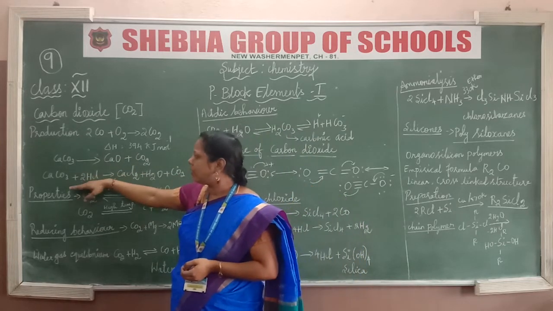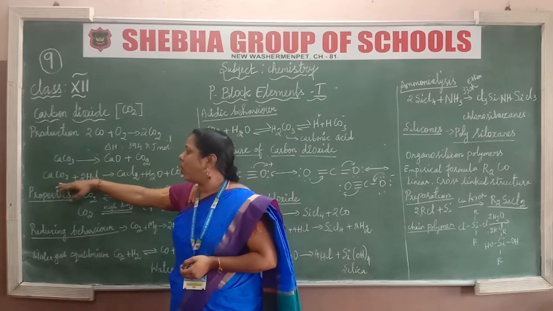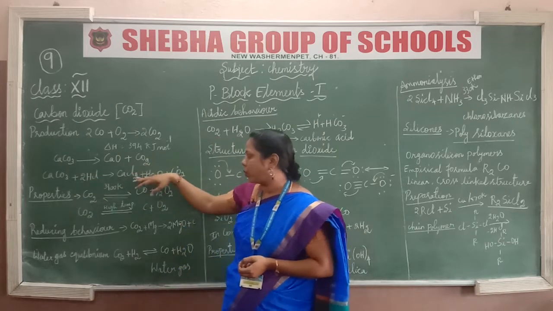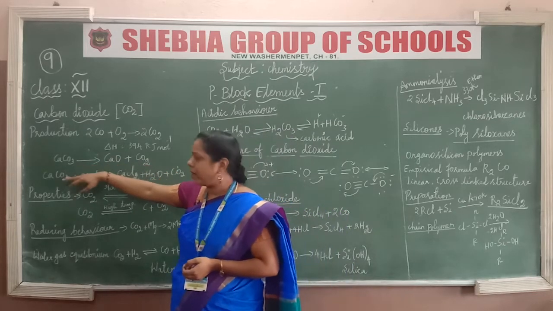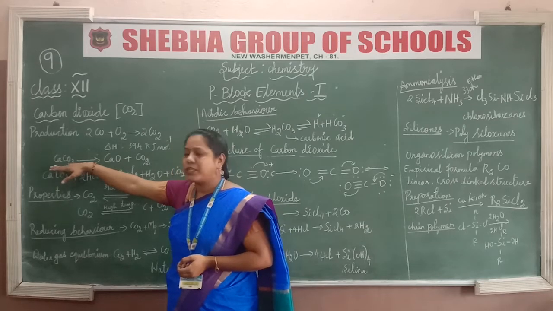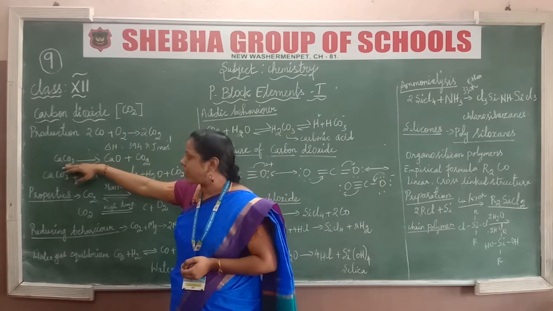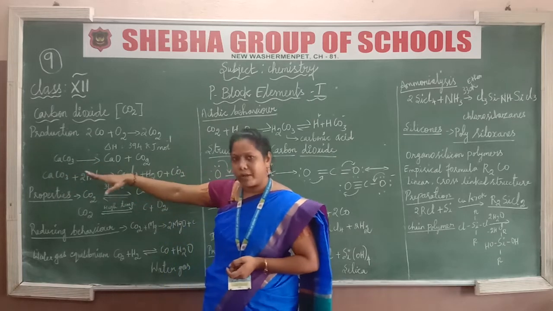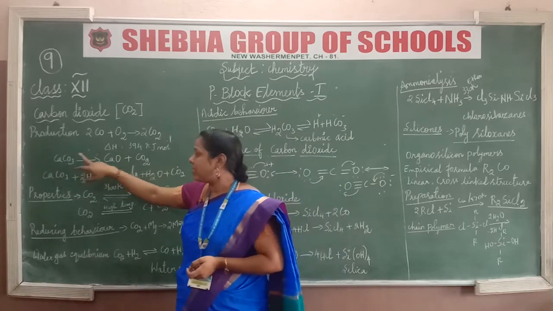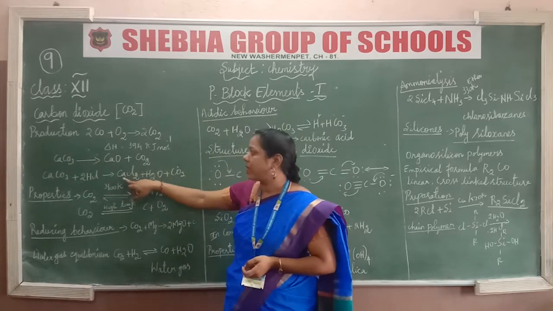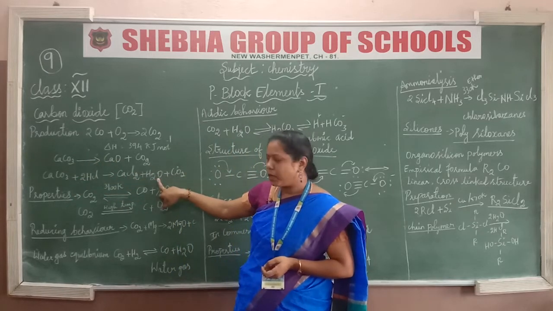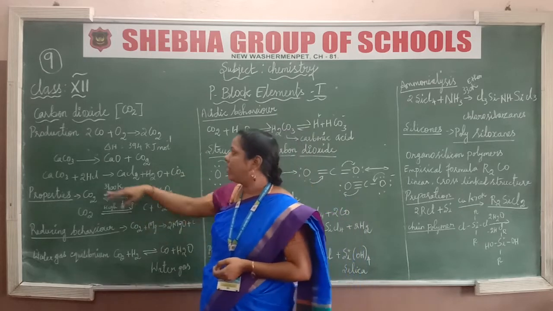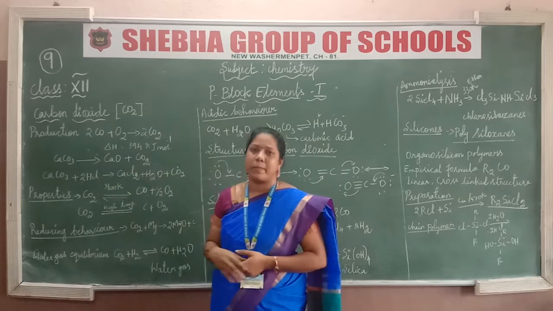And we can also take calcium carbonate along with hydrochloric acid. In the presence of hydrochloric acid we get calcium chloride and water molecules, along with the versatile carbon dioxide. Okay. So this is the preparation of carbon dioxide.